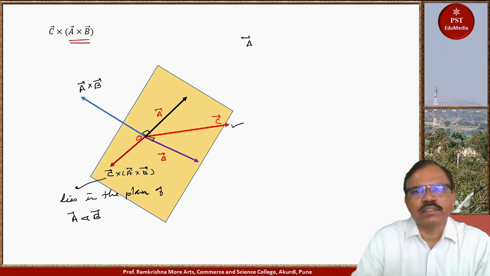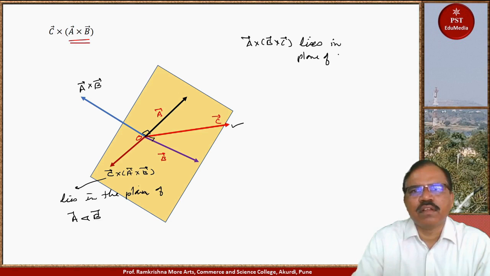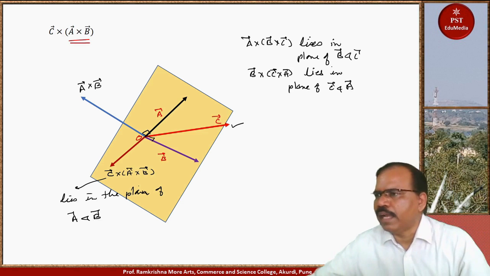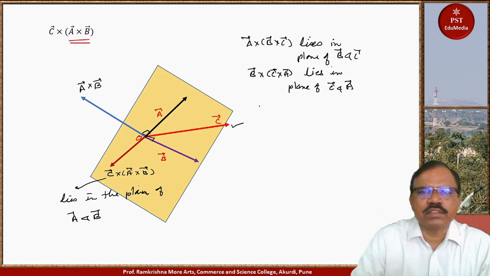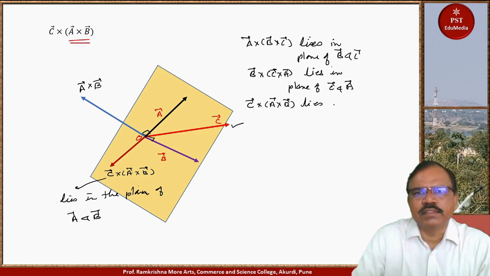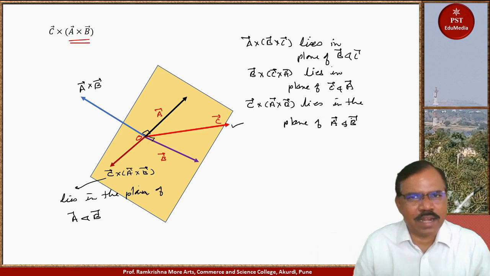So see here, A cross B cross C lies in plane of B and C. Then B cross C cross A lies in the plane of C and A. And here C cross A cross B lies in the plane of A and B. And now these three planes are not parallel to each other.